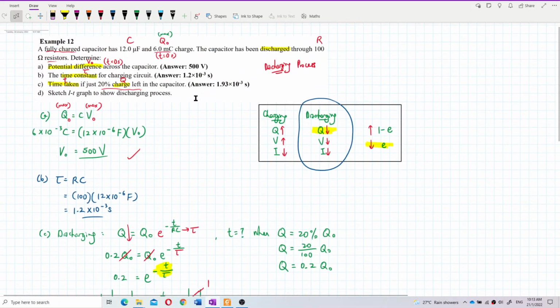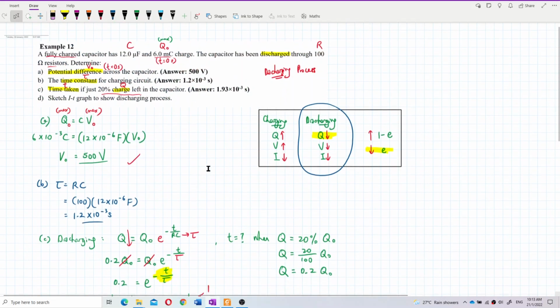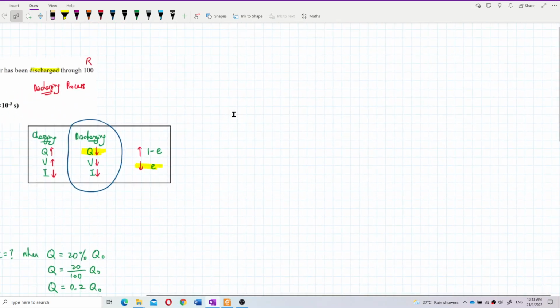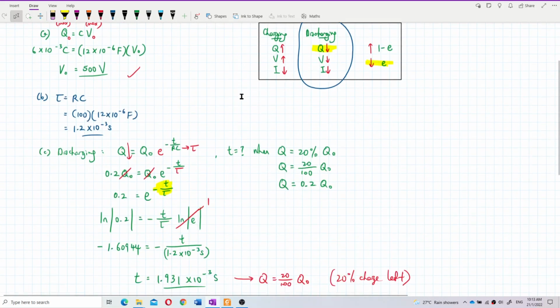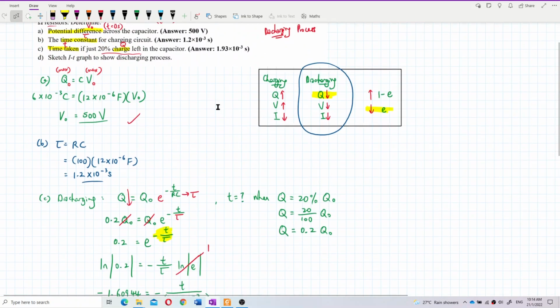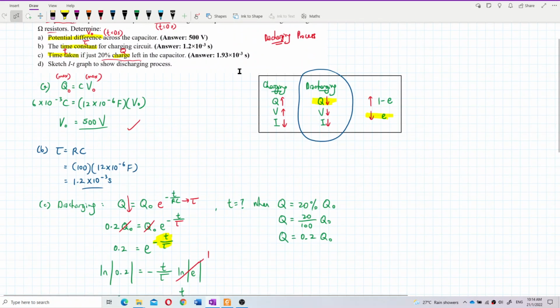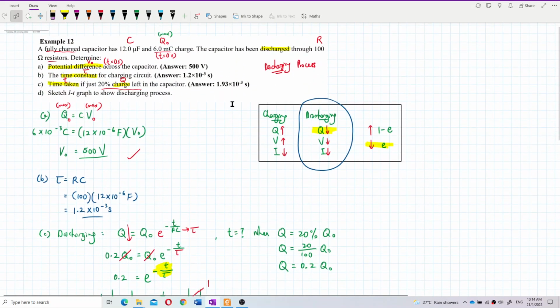Is the answer correct? Yes, 1.93 exponent negative 3 second. Correct. Good.